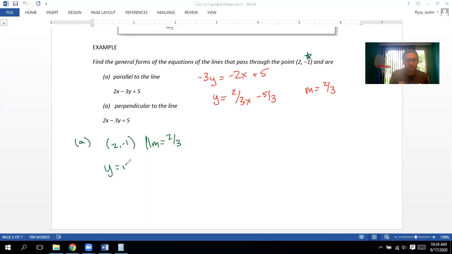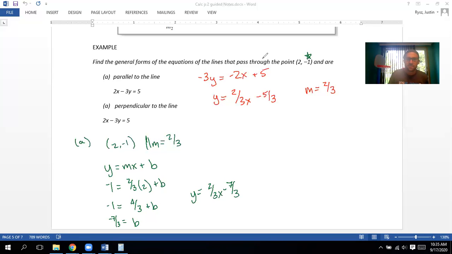Using y = mx + b, y is -1, m is 2/3, x is 2, and we're going to solve for b. We multiply, that'd be 4/3. If I subtract 4/3 over, taking it away from 1 or 3/3, that would be -7/3. So the equation that is parallel and goes through that point is y = 2/3 x - 7/3.